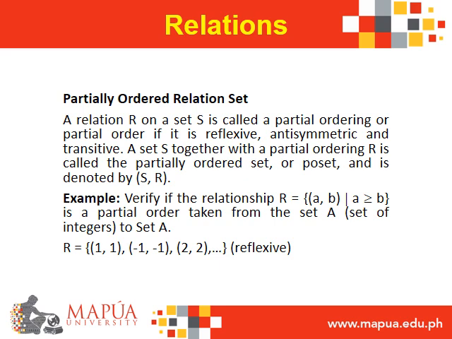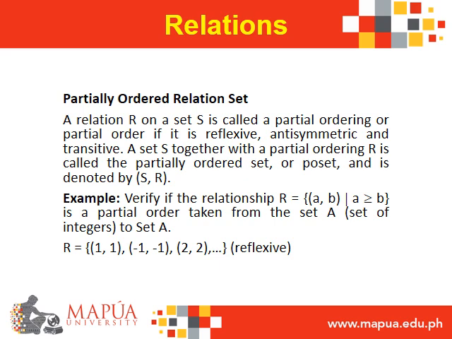This relation contains the ordered pairs (1,1), (-1,-1), (2,2), (3,3), (4,4), and so on, making it reflexive. If you look at the ordered pairs, this relation contains (2,1) but it will never contain (1,2). It contains (3,1), but it will never contain (1,3). Therefore, it is antisymmetric.